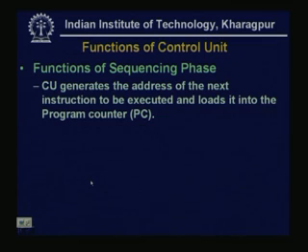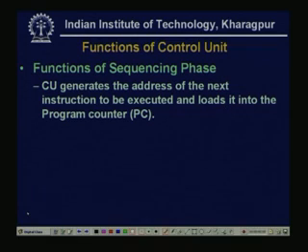Now, the functions of the sequencing phase. The control unit generates the address of the next instruction to be executed and loads it into the program counter. We know that programs are normally sequential programs, with instructions written sequentially. So, during execution it takes one instruction after another.